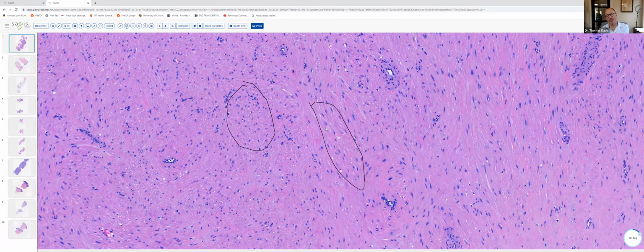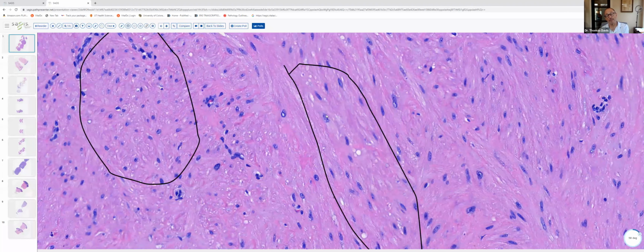And if we look at the longitudinal areas, we can see that the nuclei have spindled or fusiform shape. These are kind of large, blunt-ended nuclei, whereas those that are cut in cross-section are more round.